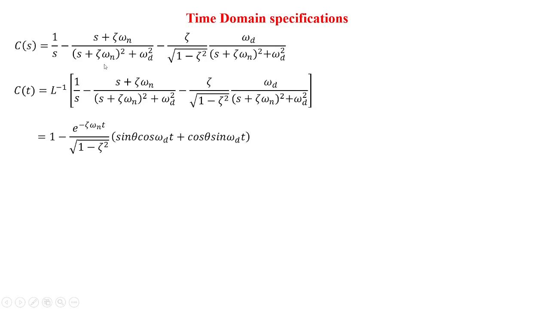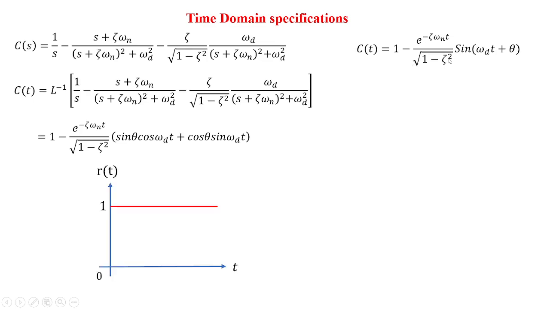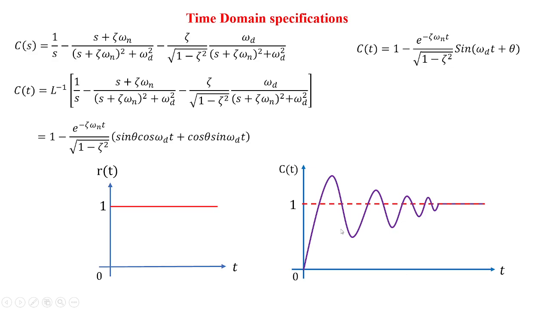Now with this underdamped system where we have the c(t) value, the waveform is obtained in this fashion. You can see the oscillations are damped out and the steady state is reached, in this expression as well as in this waveform.